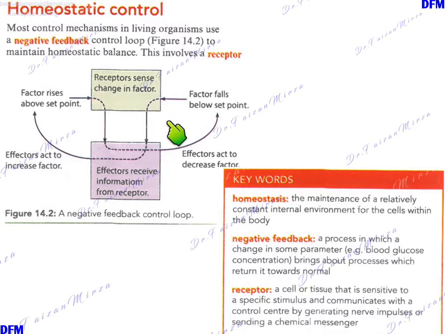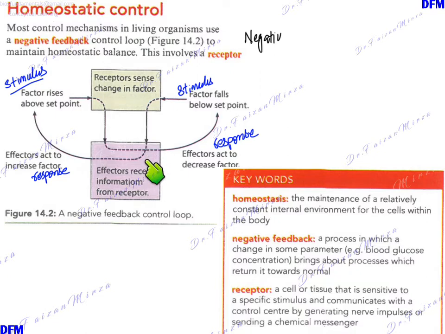This is the basic flow diagram of how it occurs. A stimulus comes which shows that the factor rises above the set point. Receptors sense this change, and the effectors then receive information from the receptor to decrease the factor back to the normal value. If the stimulus was that the factor fell below a set point, the effectors will respond by increasing the factor.